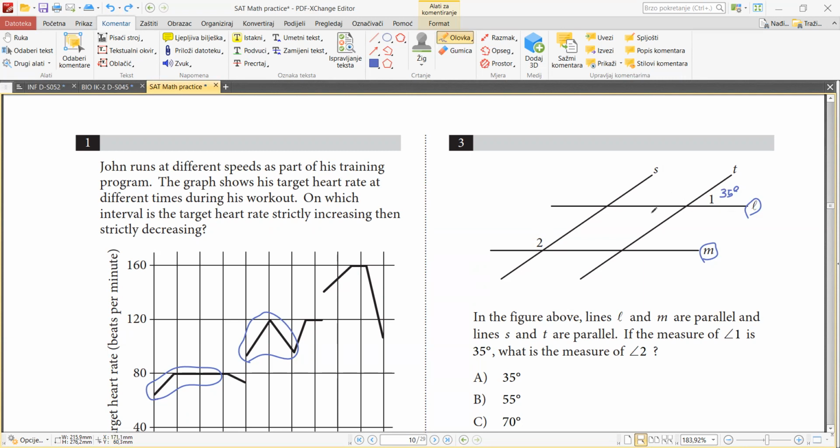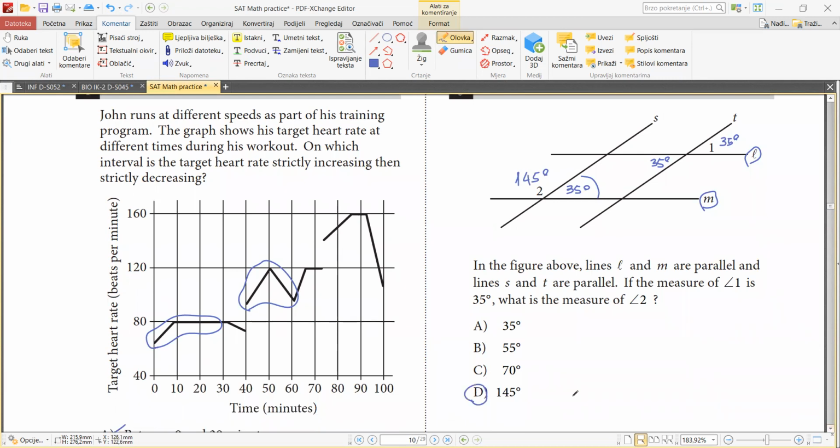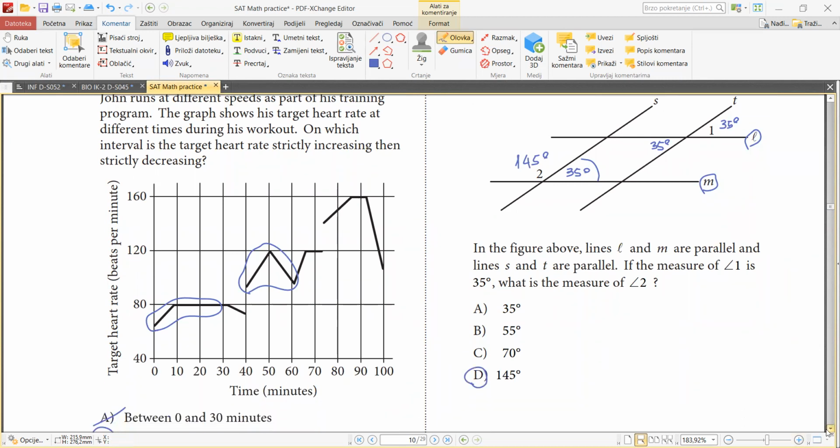So 35 degrees is also here, and 35 degrees is also here. Angle marked as 2 plus 35 degrees must be equal to 180. So this should be 145 degrees, or answer D.